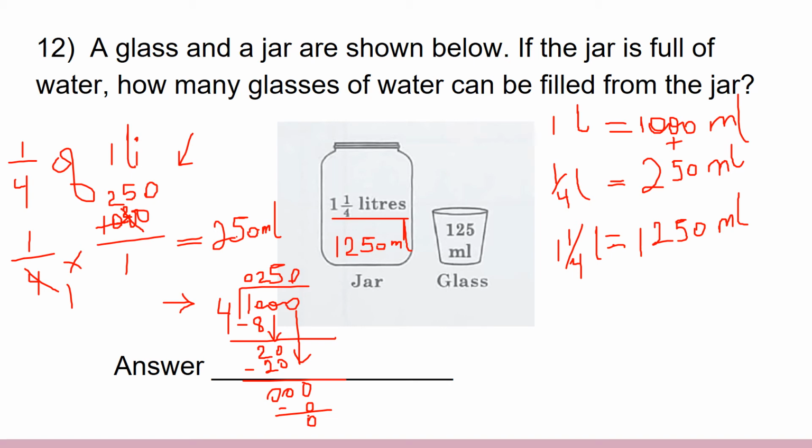We need to divide. So therefore the number of glasses that can be filled from this jar will be, we are going to divide the volume of the jar and the volume of the glass.